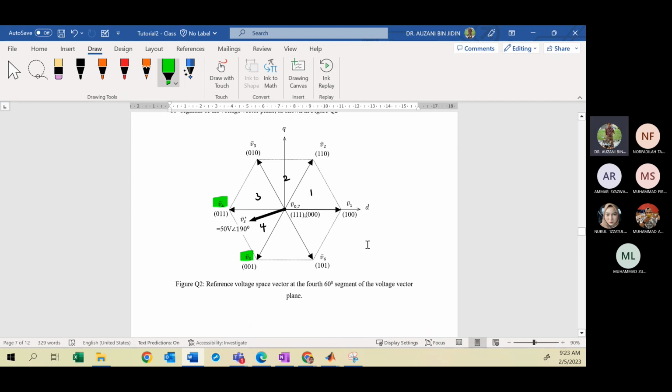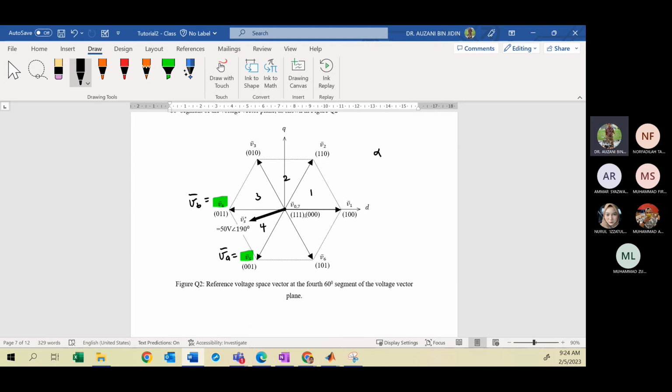The first vector to be chosen or to switch is V5, right? So V5 will be your VA, and V4, VB.